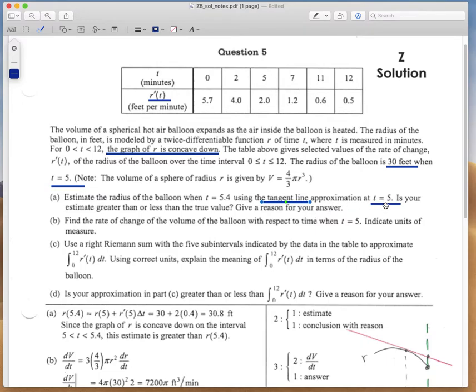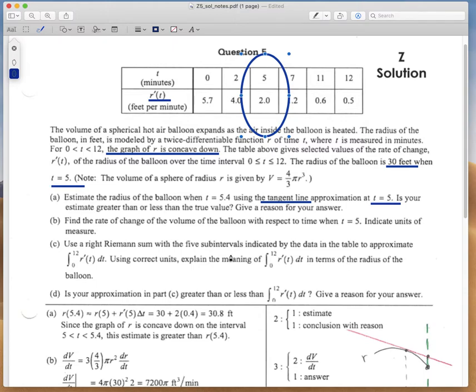So I wish I knew what r was at t equal 5. Oh, look, I do. They gave it to me, 30 feet. Also, I need the slope of r, the function, at time equal 5. That's given by r prime. There it is. So I have a slope of 2 and the point 5 comma 30.